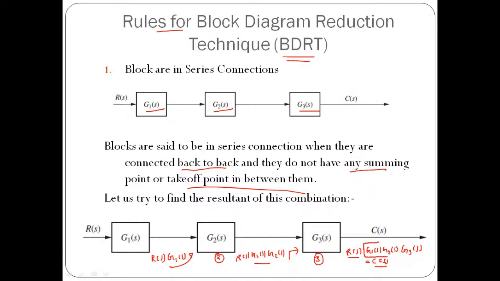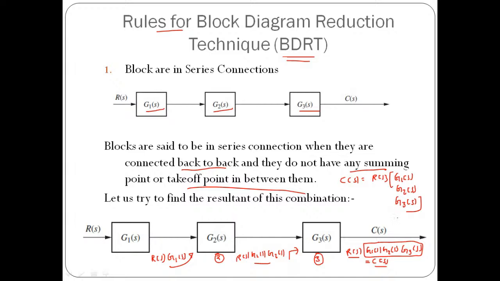Whatever parametric function defines the relationship between output and input is known as the system transfer function. So output is the input times the gain, and in this case the gain is G1(s), G2(s), and G3(s).